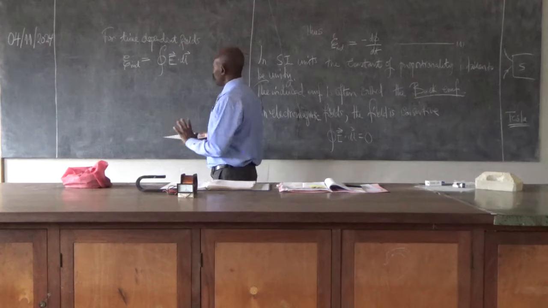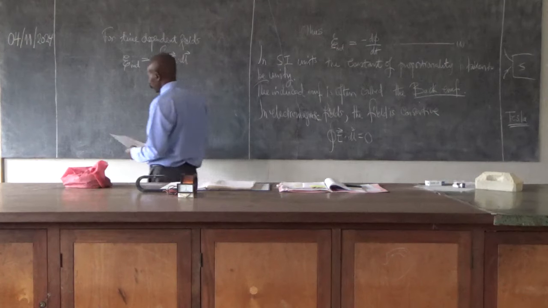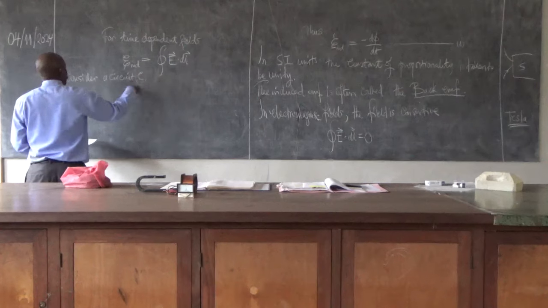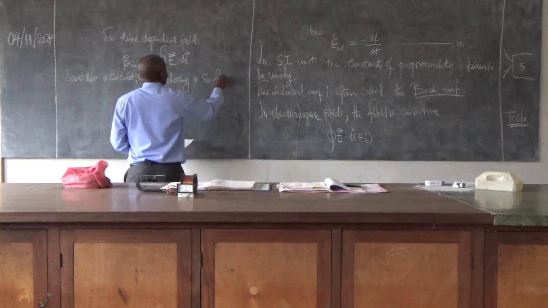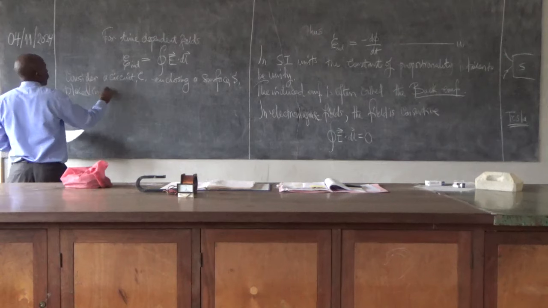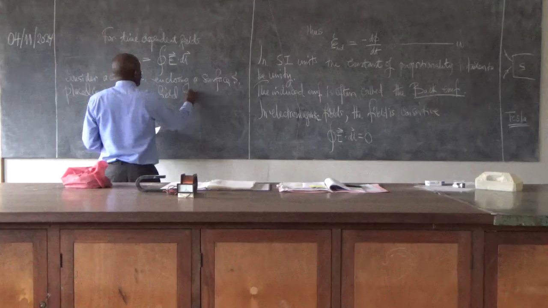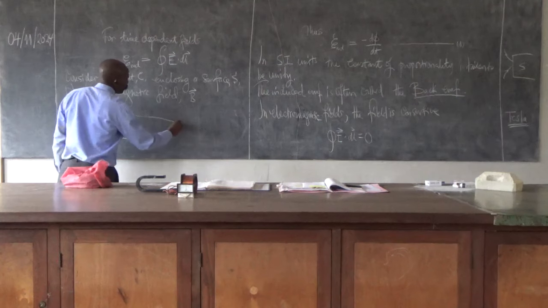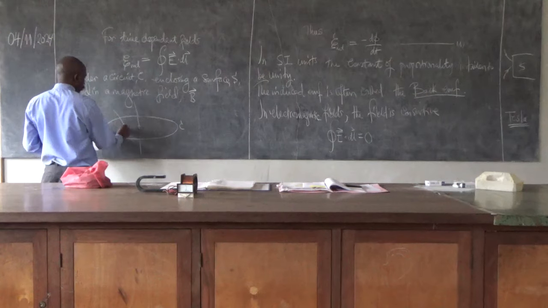So if we consider an open surface with the field lines, consider a circuit C enclosing the surface S, placed in a magnetic field B. Then if we had this as the open surface, which is constituting our curve C, and then we have the field lines going across.